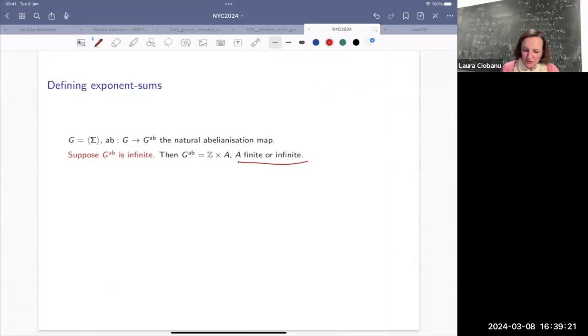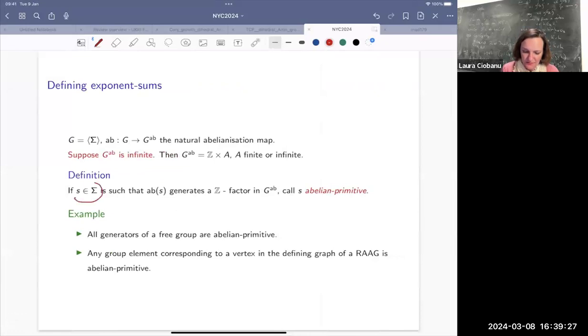So we look at those generators S such that their abelianization generates this Z, or some Z, in the abelianization. We called such generators abelian primitive, because they're primitive in the sense of generating Z, as we call generators of a free group primitive elements, and abelian because this is in the abelianization.